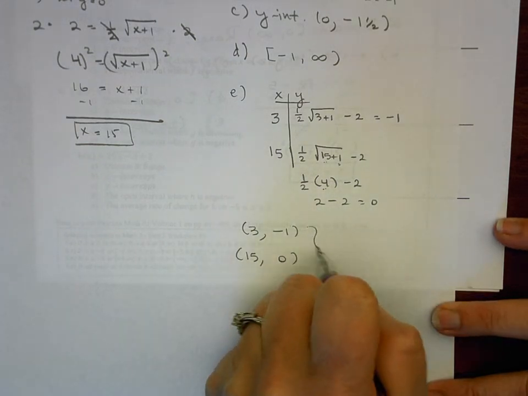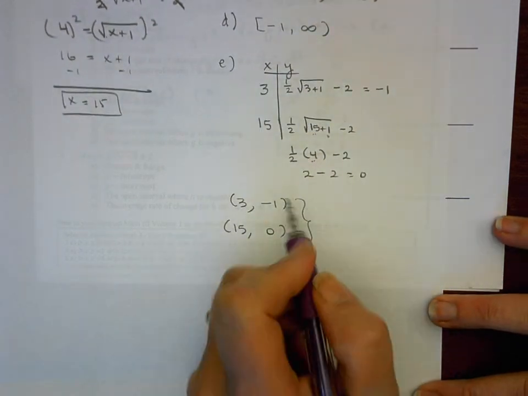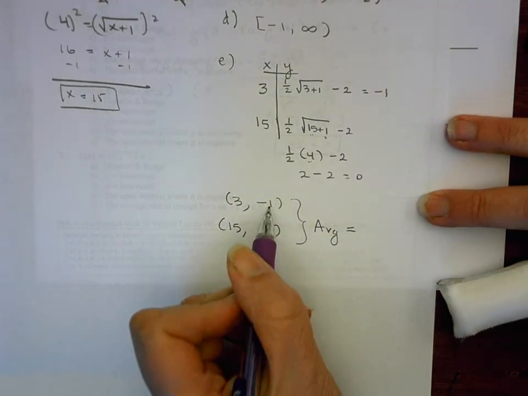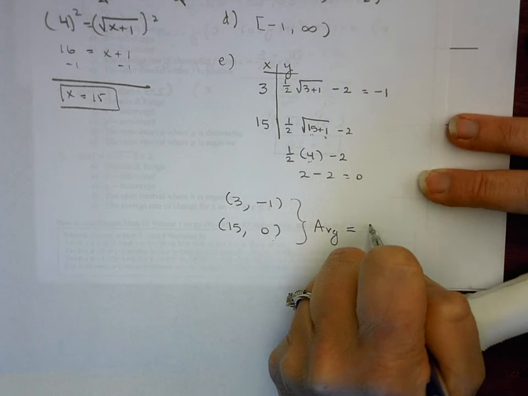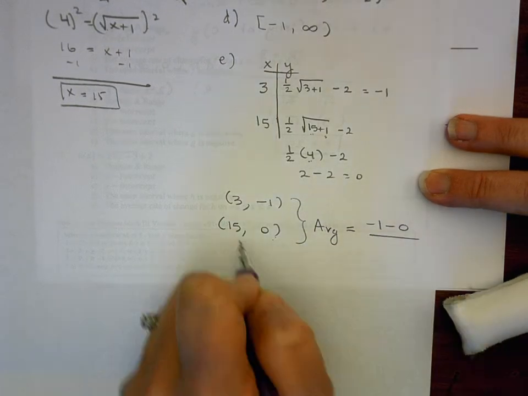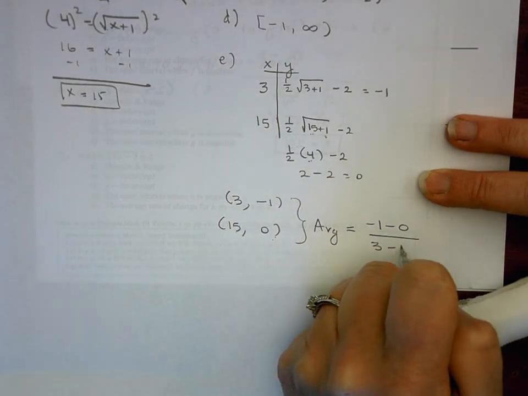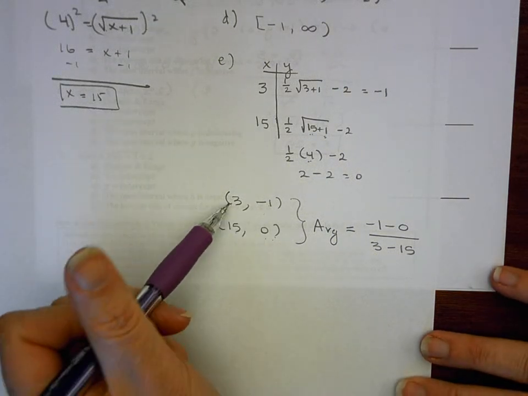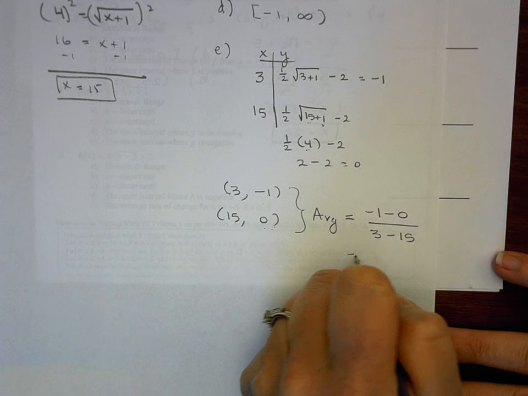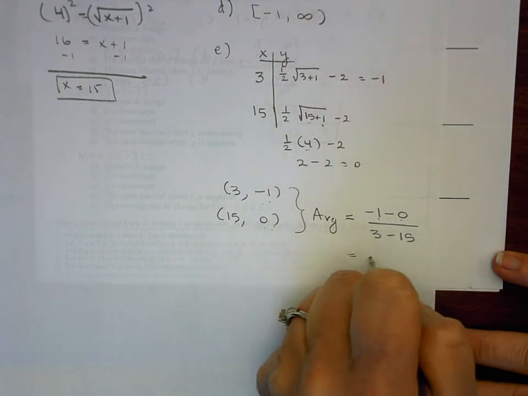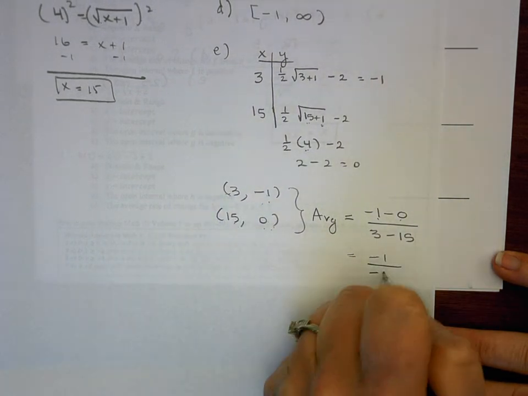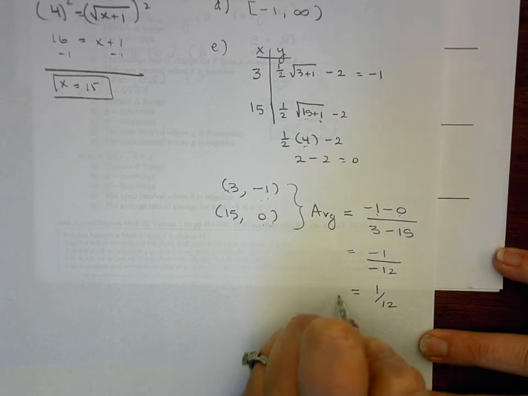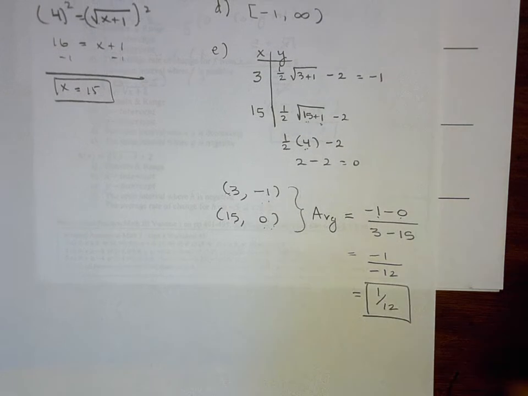So now for my average rate of change, I subtract my y, so from -1 minus 0 over 3 minus 15. And I could have subtracted the other way, right? I could have done 0 minus -1, 15 minus 3. So -1 minus 0, 3 minus 15, and that's just the same as 1 over 12. And that's my average rate of change or average slope.